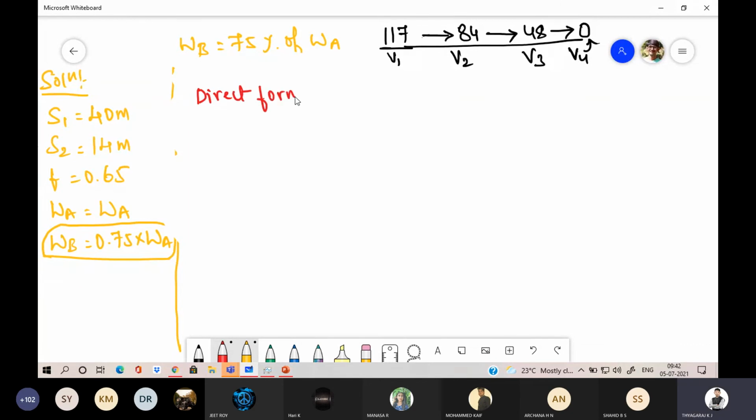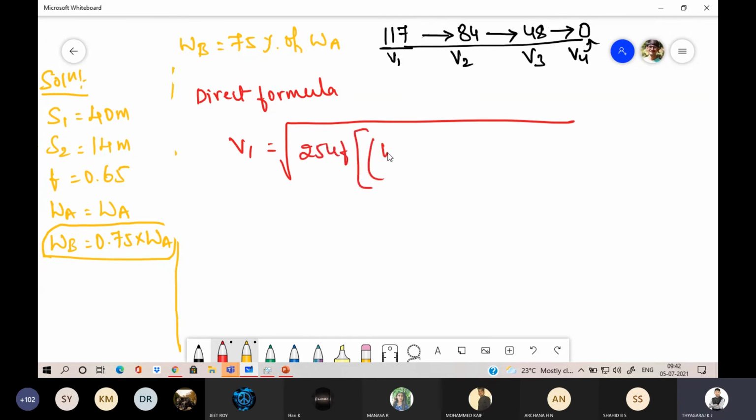Direct formula. V1 is equal to 254F, WA plus WB divided by WA whole square S2 plus S1.